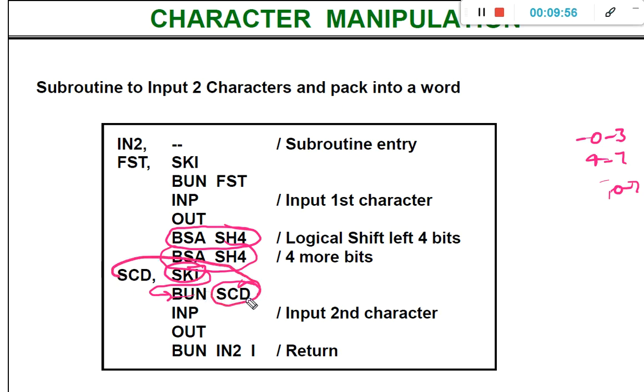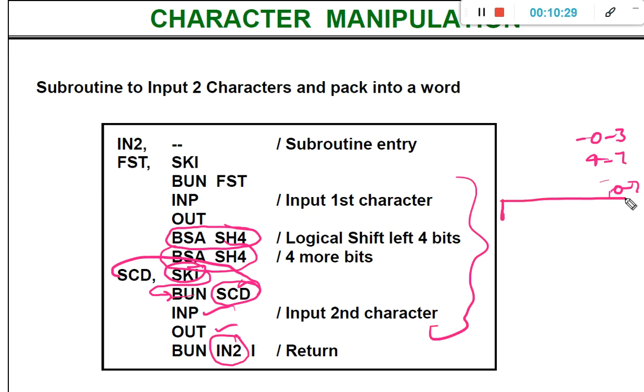So, whenever the flag is 1, then input the second character, output the second character for testing whether it is entered correctly or not, and then branch unconditionally to in2. So, what does it mean? Once again branch unconditional to in2 for reading the next two characters. These two characters are stored successfully in the accumulate register.